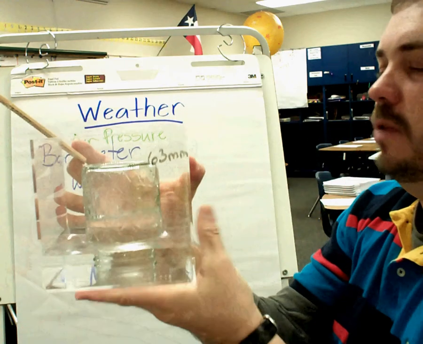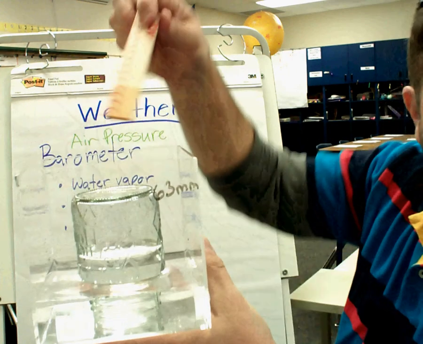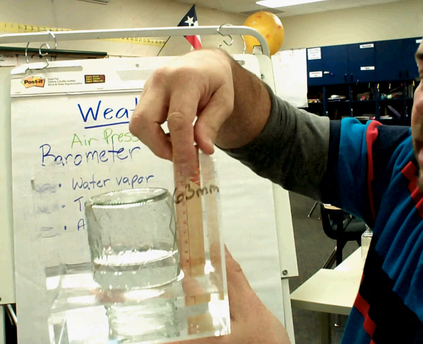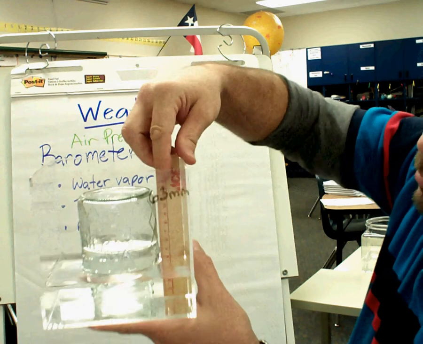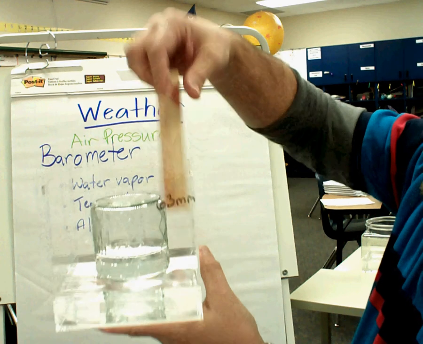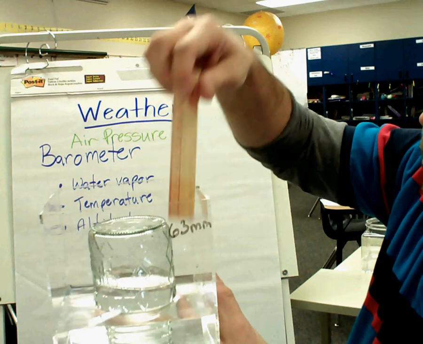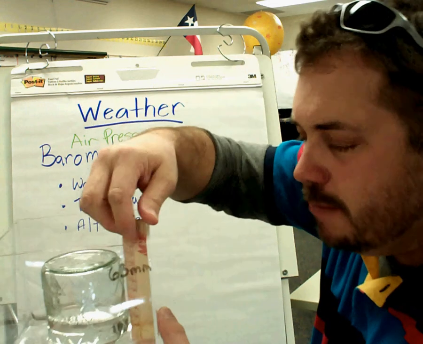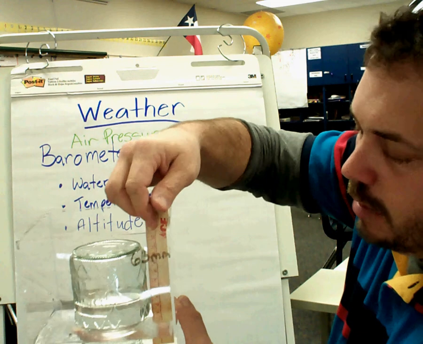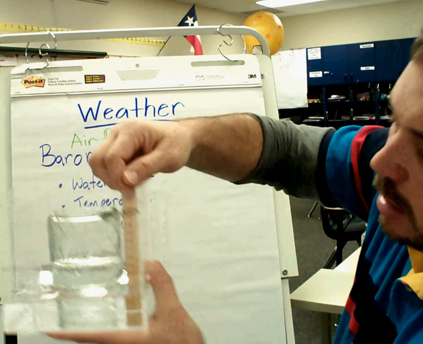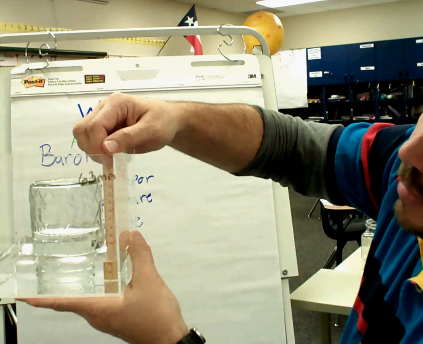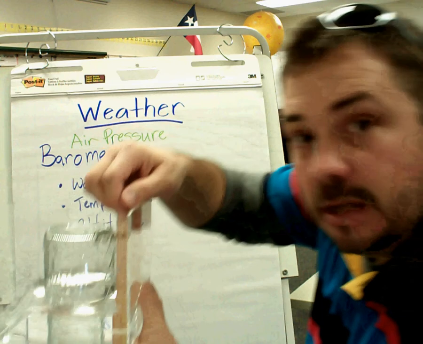Just like this, you're going to take your ruler, put it right next to it, and then record. Now, some of your rulers are going to get wet. I'm not too worried about that. This is science. Science should be wet, messy, muddy, broken, rebuilt. You're going to measure in centimeters, and remember, every centimeter is 10 millimeters.